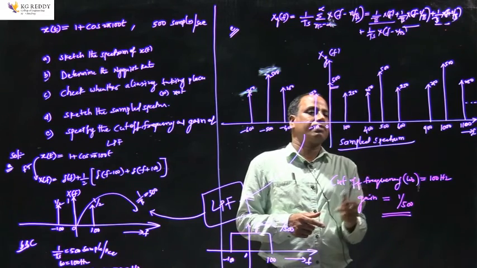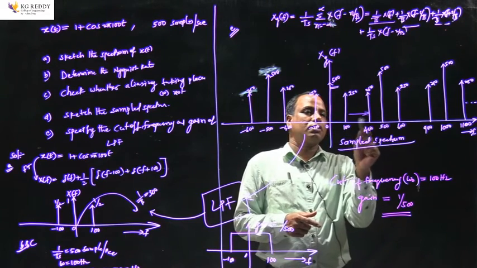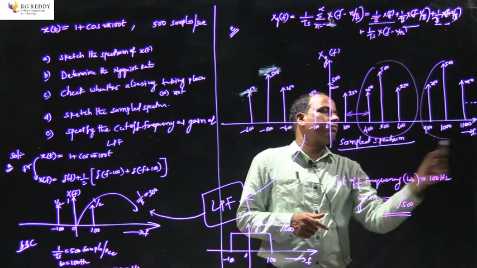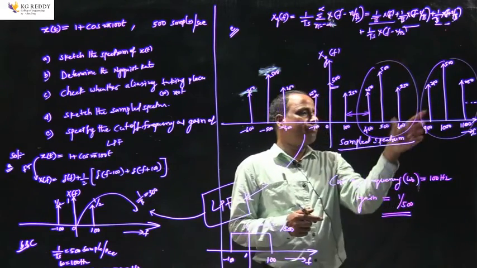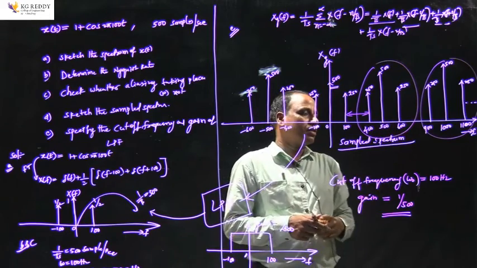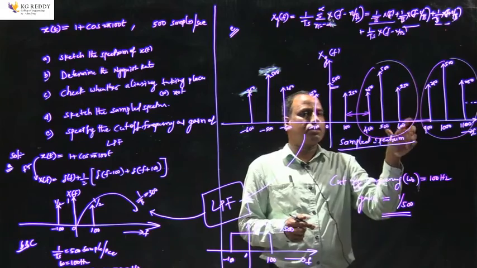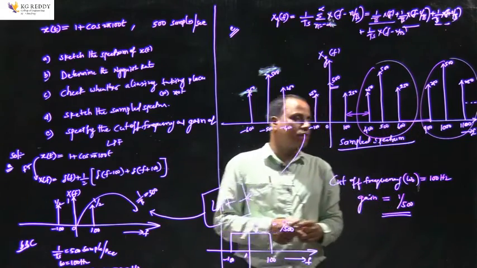If you look at this, this is one sample and this is another sample. So there is a gap, there is no overlapping of frequencies. We are getting the guard bands, in the sense the range of frequency over which no information is transmitted.